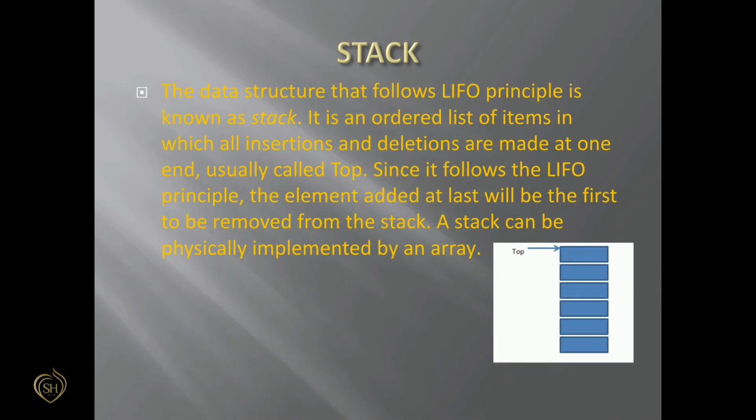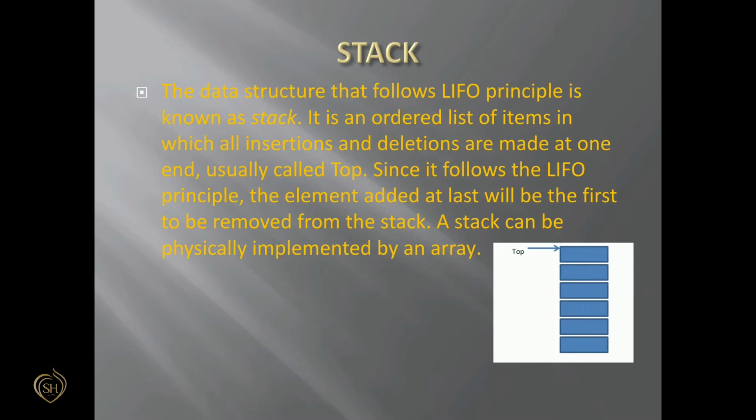A data structure that follows the LIFO principle is known as a stack. It is an ordered list of items in which all insertions and deletions are made at one end, usually called top. Since it follows the LIFO principle, the element added last will be the first to be removed from the stack.